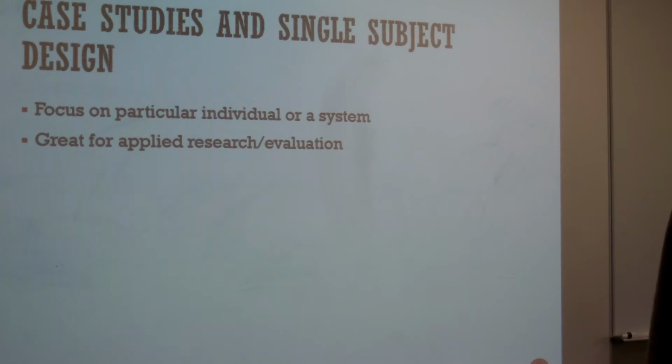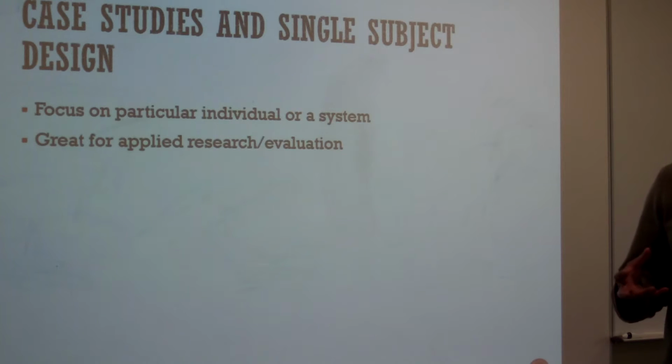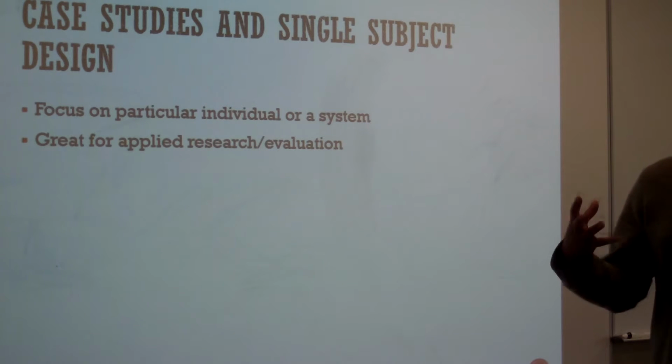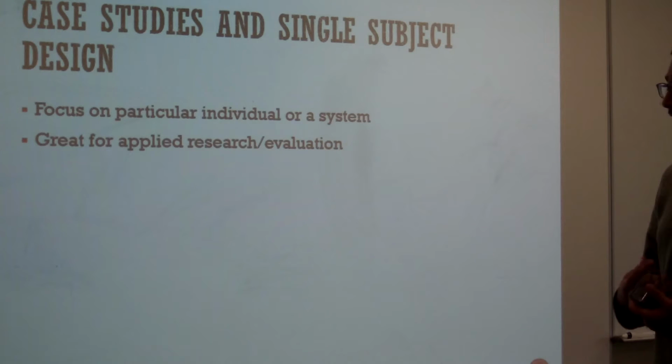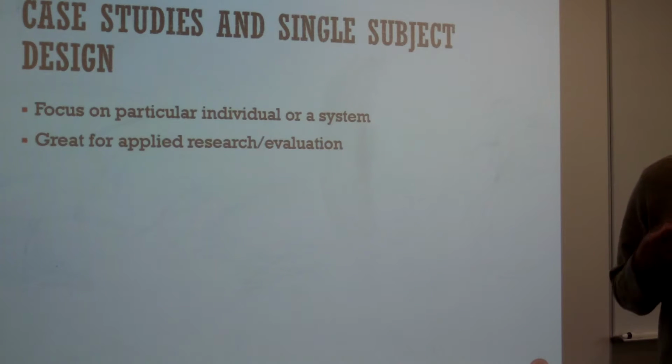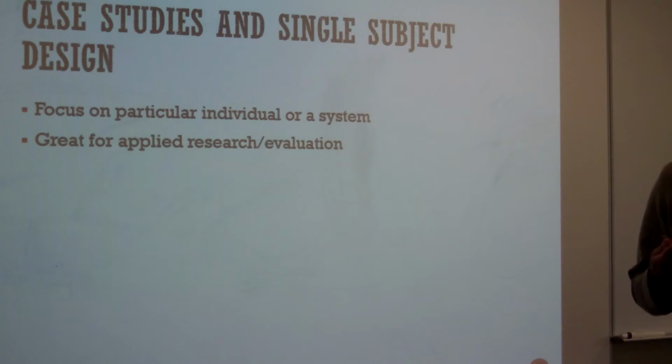For non-statistical, we can think about case studies and single subject design. These are non-statistical because they focus on a particular individual or a particular system. Both of them are very good for applied research that we social workers do.